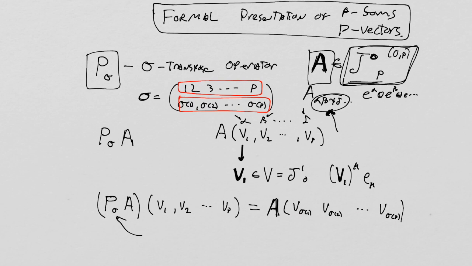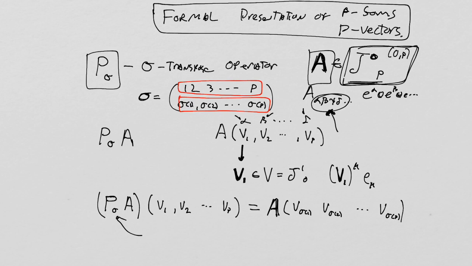Reshuffling the inputs will give me a different answer, and I'll show you why in a moment. So it is a different tensor than this. Whenever I give this v1, v2, dot, dot, dot, vp, it returns the same as though I had given A a different ordering of its inputs. That tensor is called the sigma transpose of A.